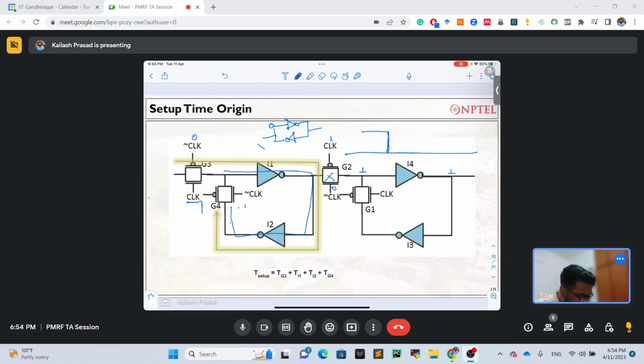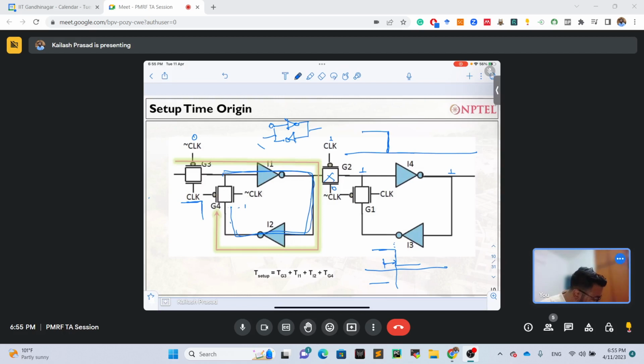So the data was actually, let me make it somewhere here, the clock is about to go 0 like this, and data was actually 0. So this is my clock. Data was 0, and suppose the setup time I am talking about is something like this. This much is the setup time.